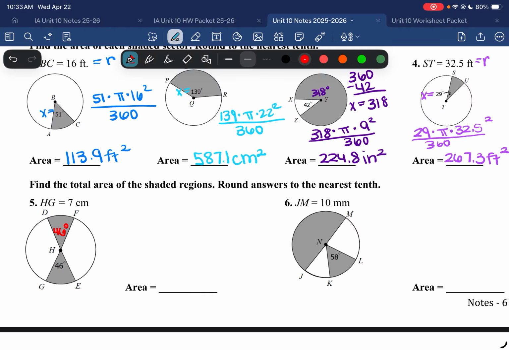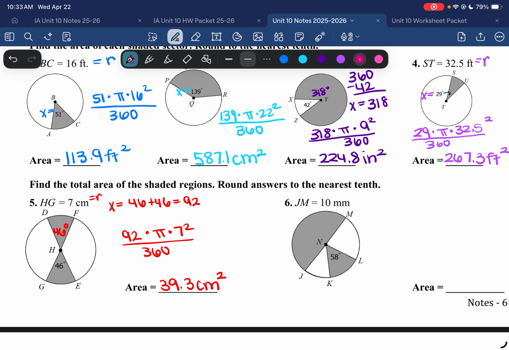So my x is going to be 46 plus 46, which is 92 degrees. And it says HG is 7, so that is our radius. So I'm going to do 92 times pi times 7 squared divided by 360. And that gets me my total shaded region to be 39.3 centimeters squared.